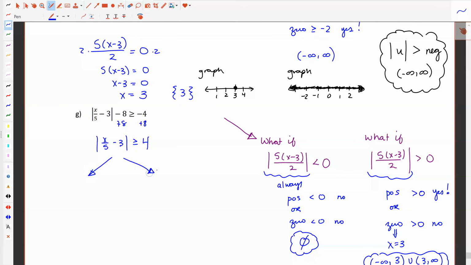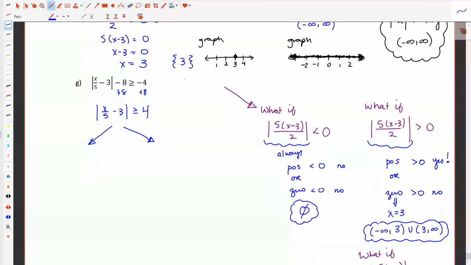You have to set it up by breaking it into two cases. So I'll have x over 5 minus 3 is greater than or equal to 4. It's the original problem, just drop the bars. And then I'll have x over 5 minus 3 is less than or equal to -4. That case is my flip-flip case.